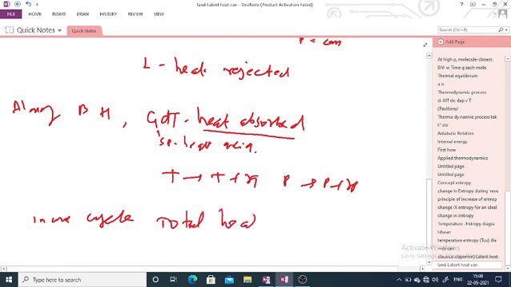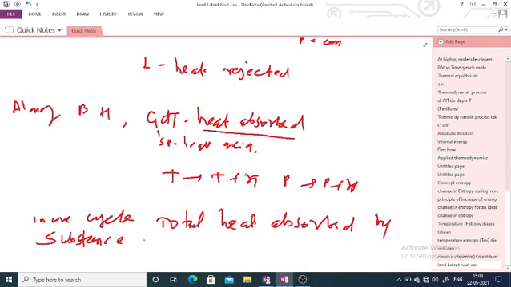This is called the net amount of heat absorbed by the substance.